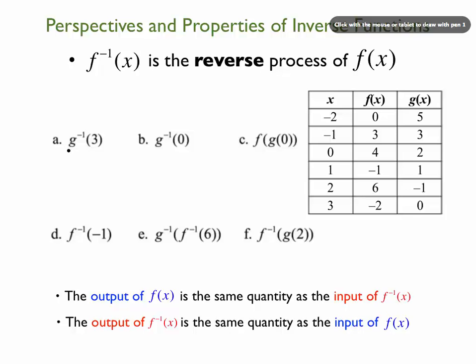This is the input of g when the output of g is 3. See, it's reversed. Input and output is reversed. So we're going to look for 3 where? In the x column or the g column? And then we want the input. -1.